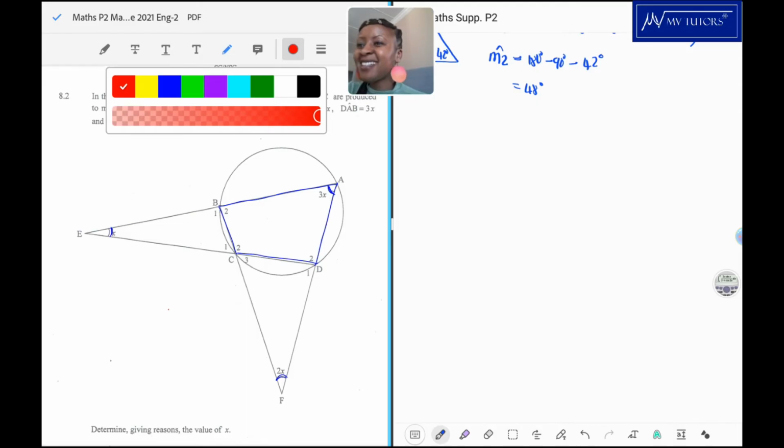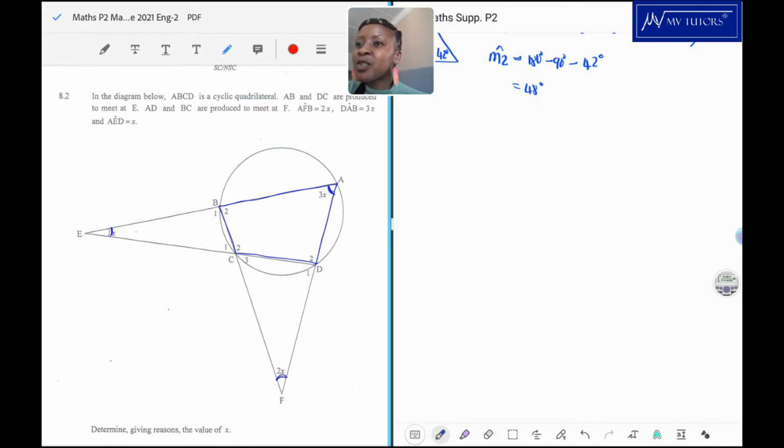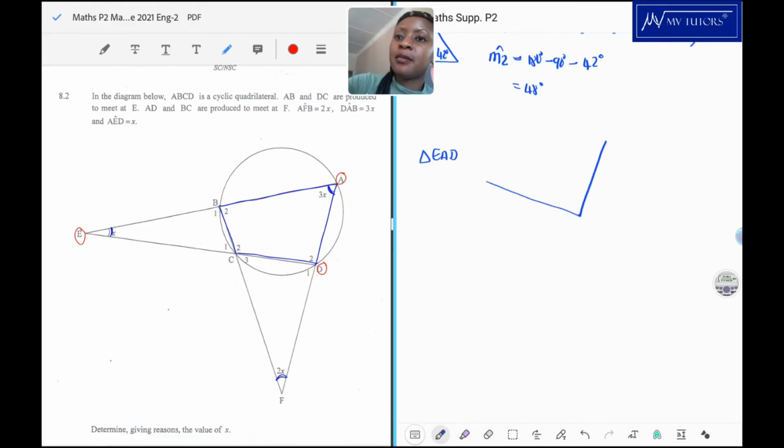Okay. So we have this big triangle, one of the big triangles, EAD. I'm just going to draw it on the side. So I have triangle EAD. And with that one, I have 3x. I just have D2. And I have x.